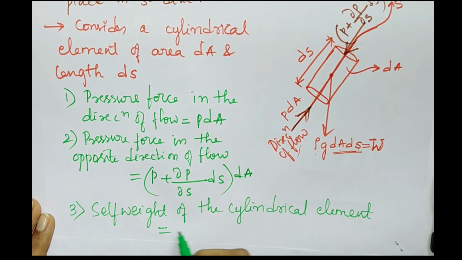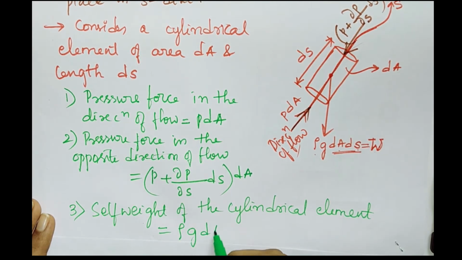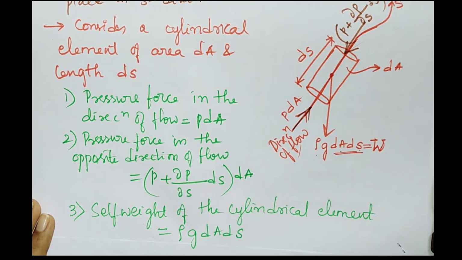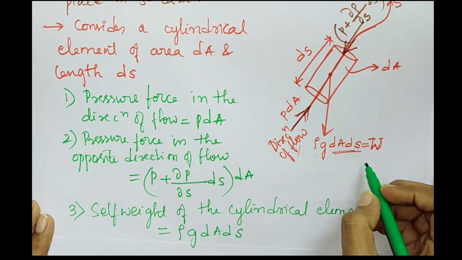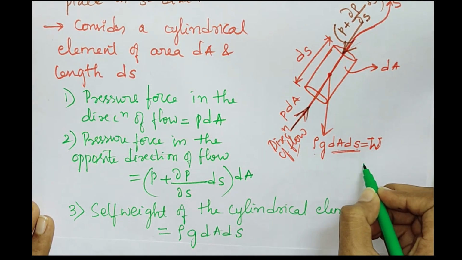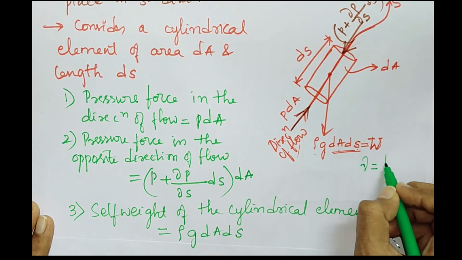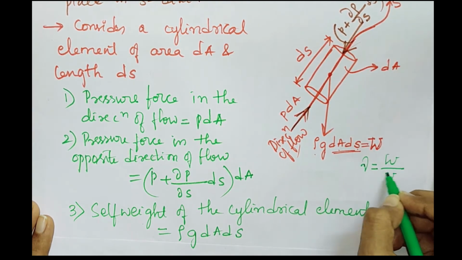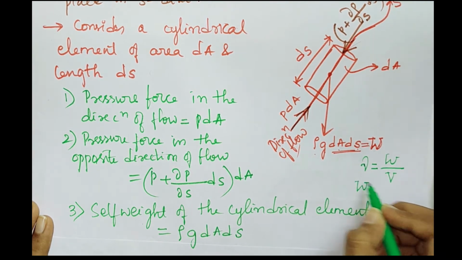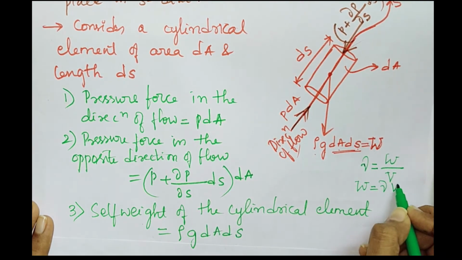which is ρ g dA ds, obtained from the weight density formula, that is gamma is equal to weight divided by volume. So weight is equal to gamma into volume.